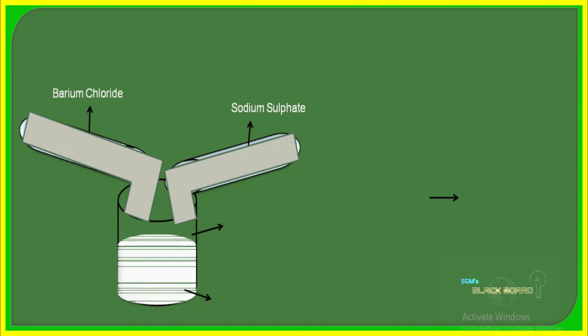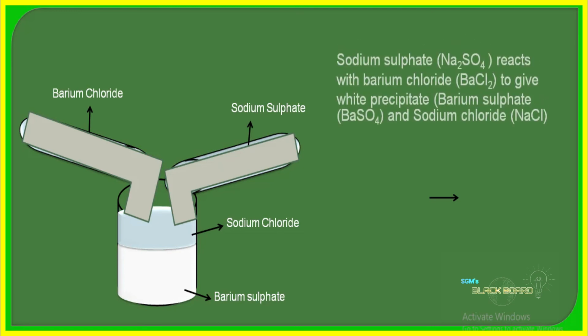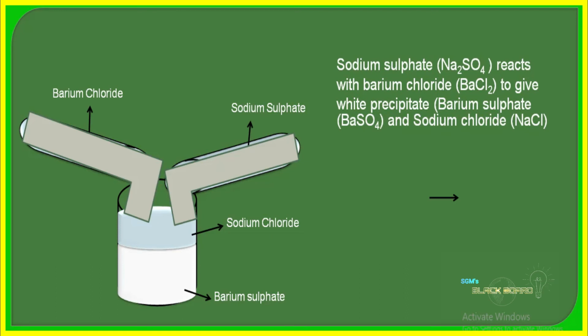When both were added, we got a white color precipitate, that is barium sulfate, and above the white precipitate there is sodium chloride, a colorless solution. Means here sodium sulfate reacts with barium chloride to give white precipitate, that is barium sulfate, and sodium chloride.